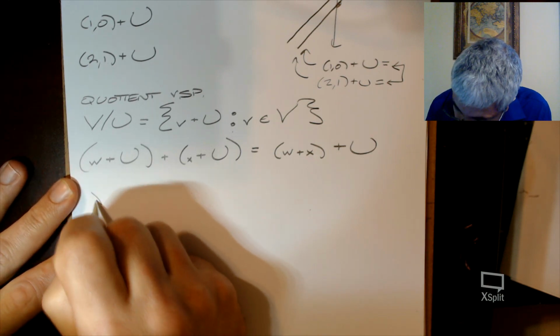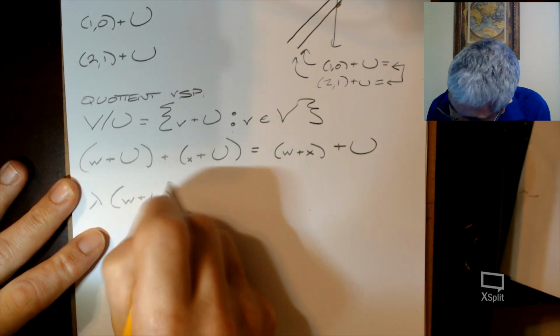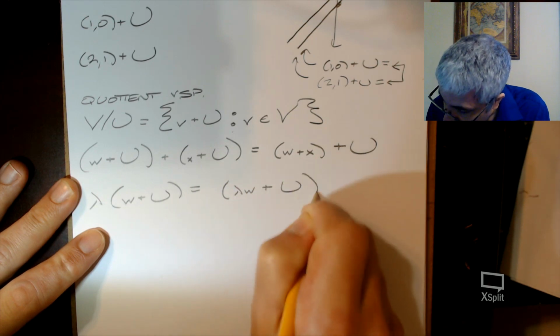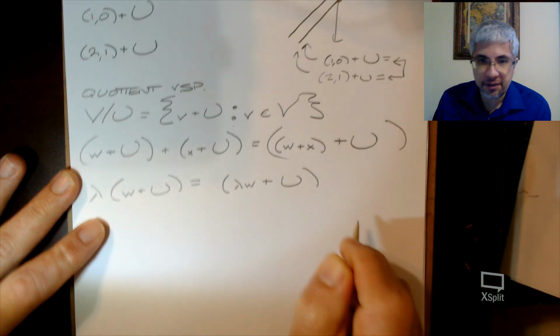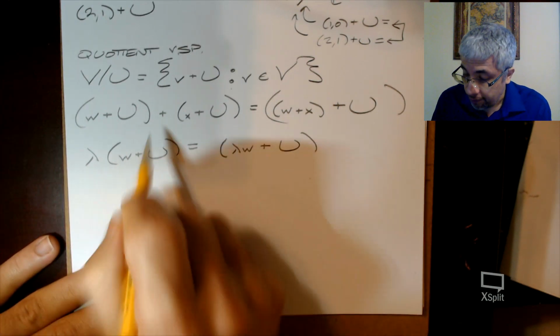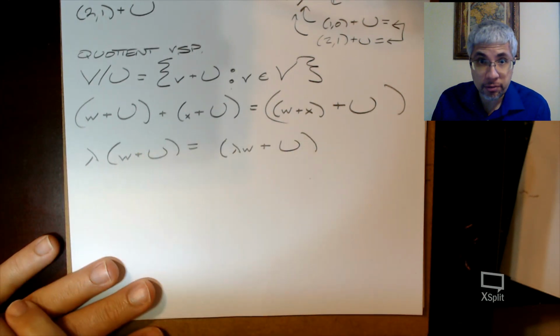And I'm going to do λ times (w + U) equals (λw) + U. I'll put parentheses around that too. Why not? Okay, so I have my addition and I have my scalar multiplication.